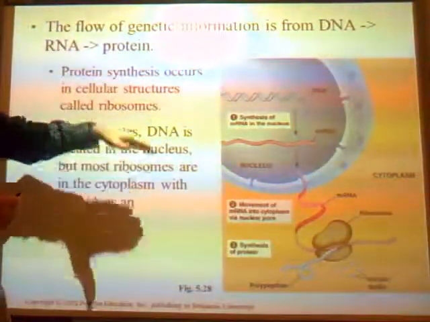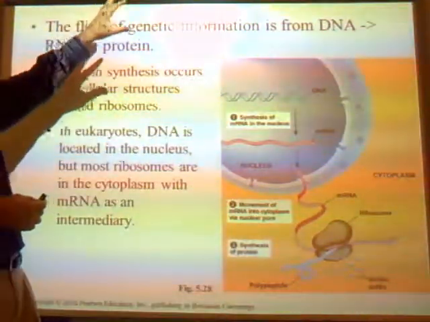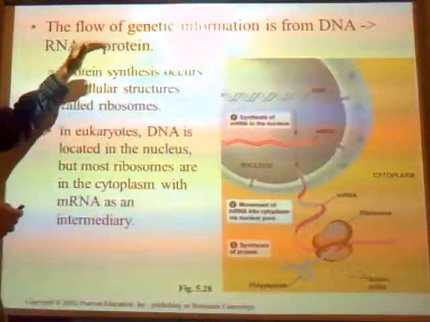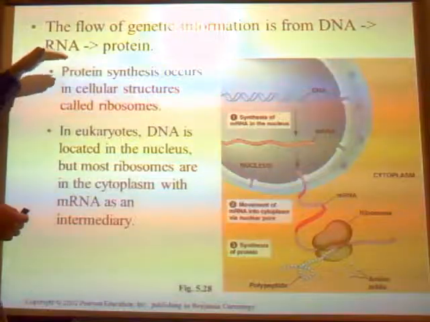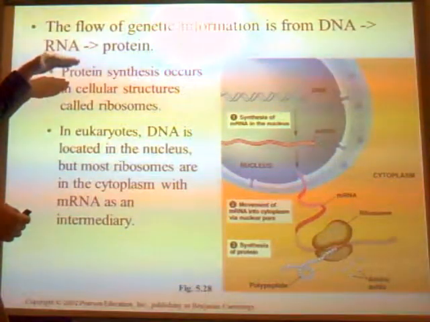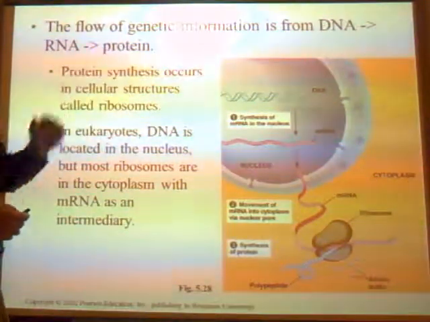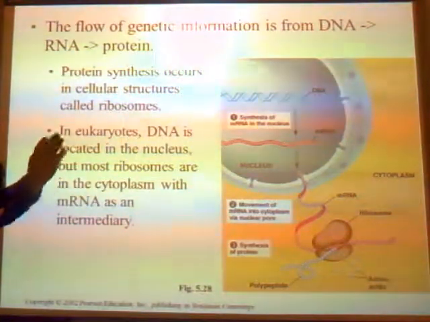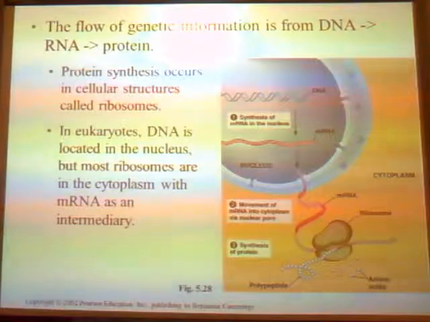So if you follow this flow chart, genetic information comes from DNA. DNA is transcribed into mRNA. That mRNA then takes those instructions out into the cytoplasm, where a protein is going to be built because of the presence of ribosomes.